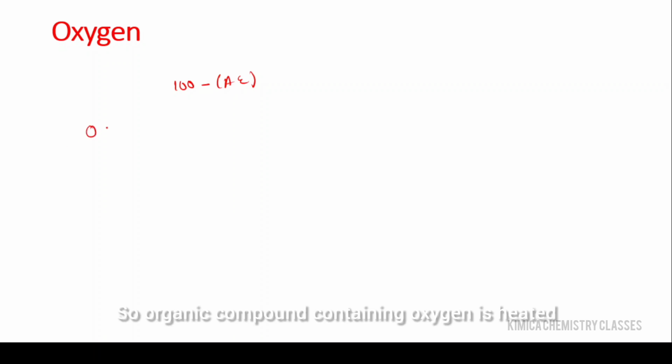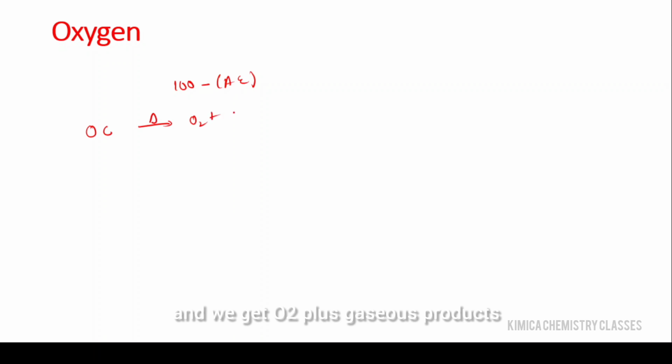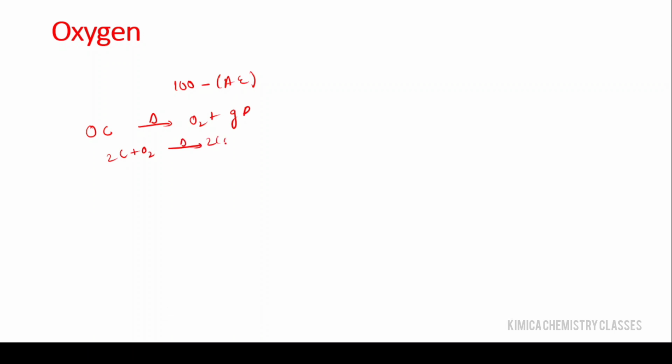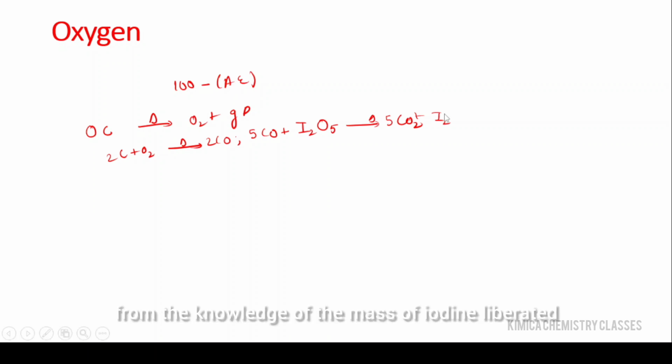So the organic compound containing oxygen is heated and we get O2 plus gaseous products. We can write it like this. From the mass of iodine liberated or carbon dioxide produced, the percentage of oxygen in the compound can be calculated easily.